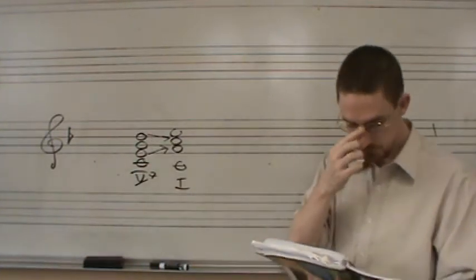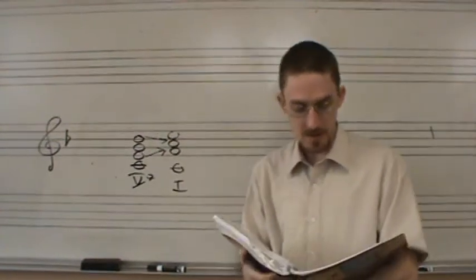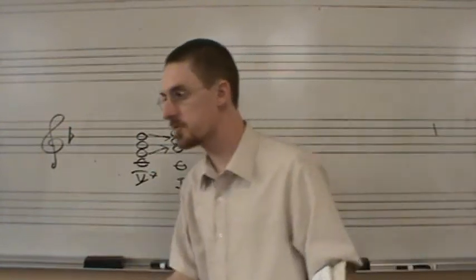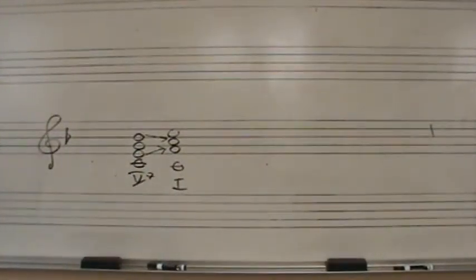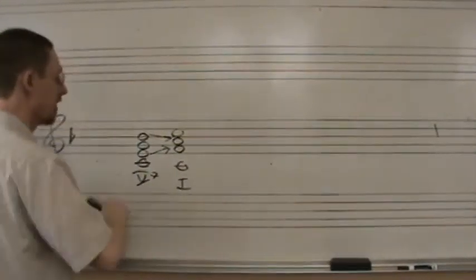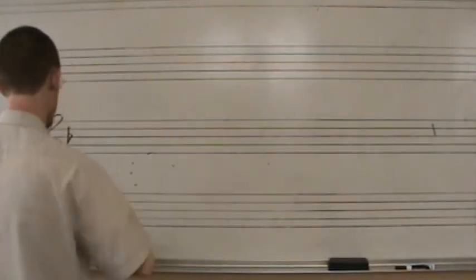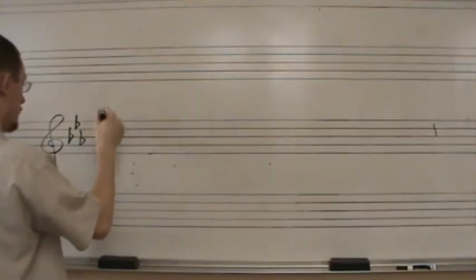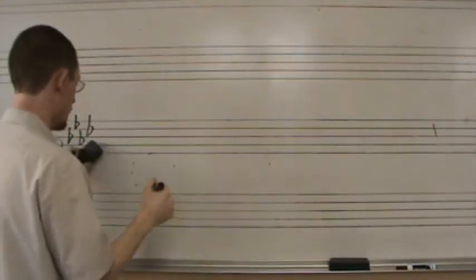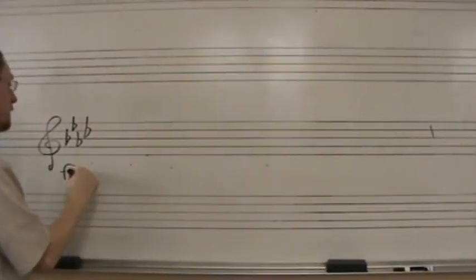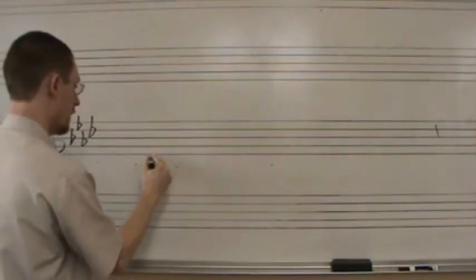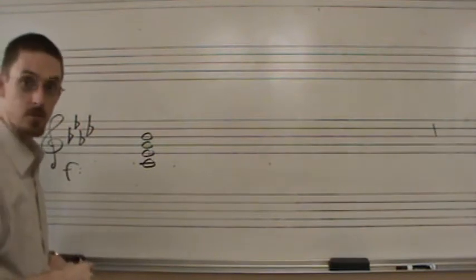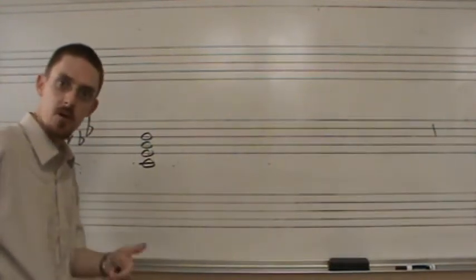All right? That's major. And in minor mode, remember that the 5/7 chord, in order for it to retain its dominant function, needs to change. So here's the key of F minor. This chord without any alteration is a minor minor seventh, which I think is very beautiful, but it doesn't have the strong dominant function.